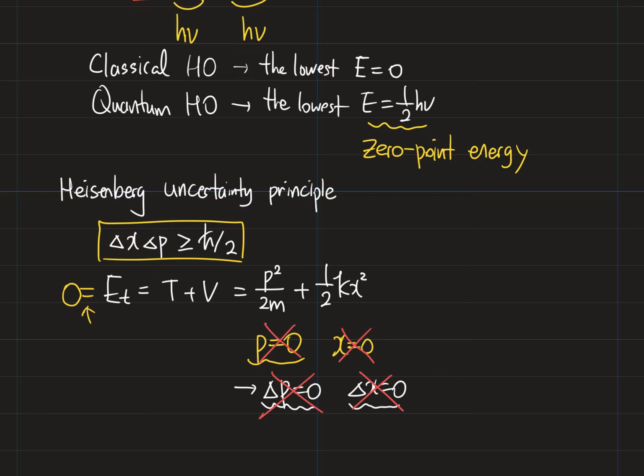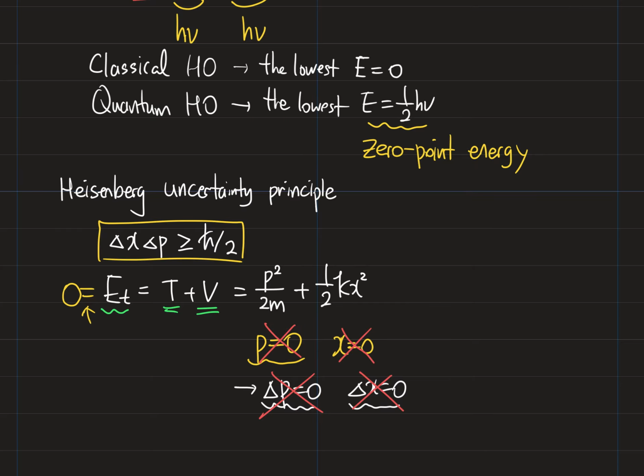So that's why we have the zero-point energy for the quantum mechanical harmonic oscillator, because the harmonic oscillator's total energy is the sum of the kinetic energy and the potential energy, and this is the region. Okay?